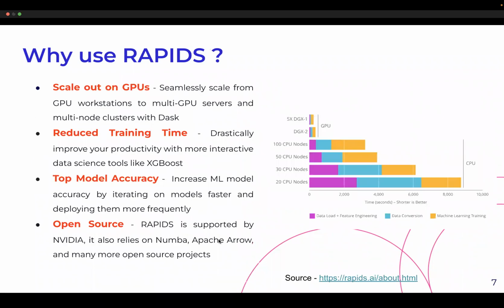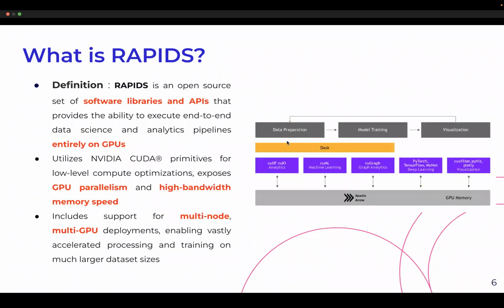So what is the benefit of using Rapids? We'll see some of the high level benefits of it. The first one is scaling out on GPUs. As I mentioned before, obviously all the data processing jobs would be sped up using GPUs instead of just the CPUs. And apart from that, from the previous diagram, here you can see Dask in between these two. Dask is trying to scale in and scale out all these operations.